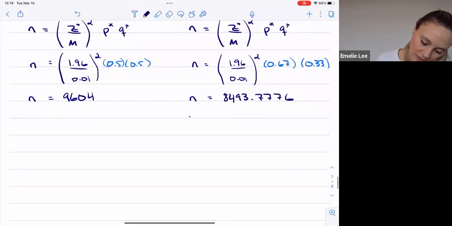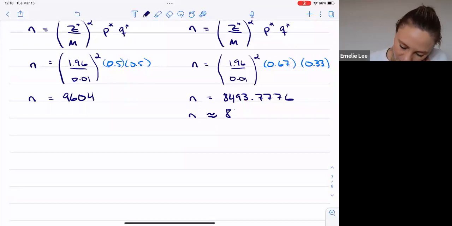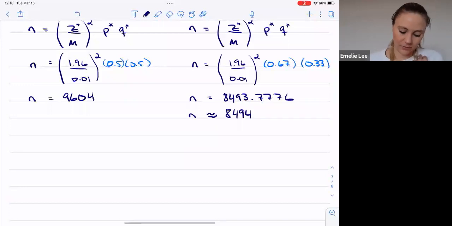8493.7776. And so n would have to be, I have to round up, right? Regardless of what the decimal is here, I have to round up, because if I just went to 8493, my margin of error would be slightly higher than I wanted it to be. So 8494.